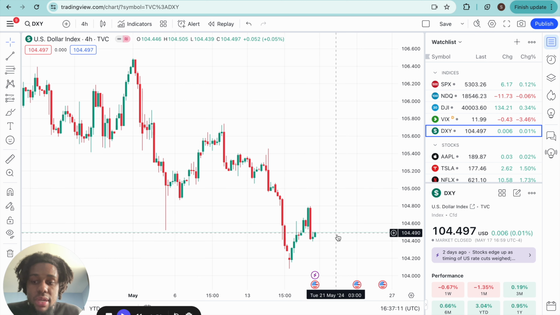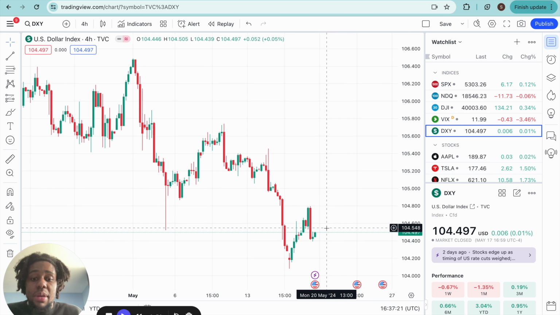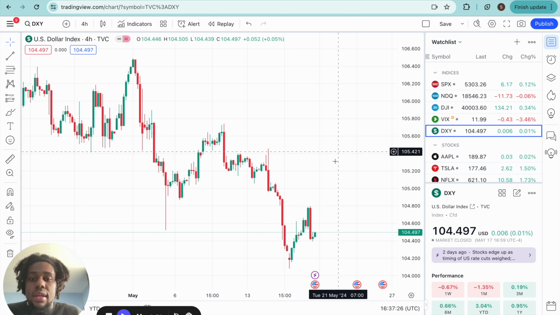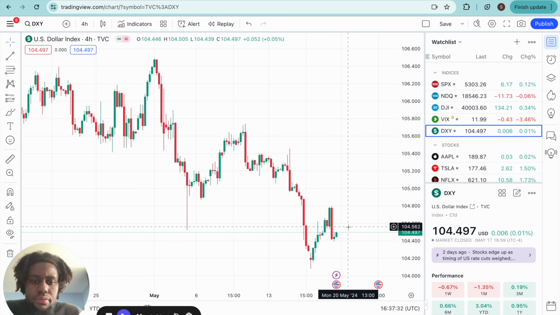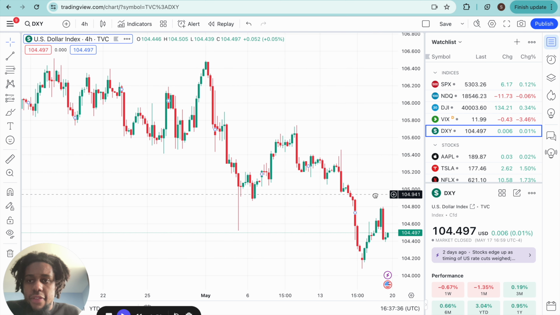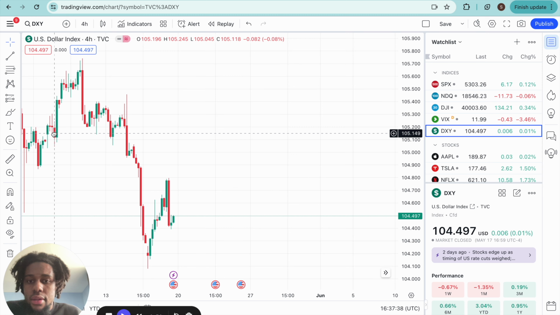Some consolidation Monday through Tuesday, maybe Wednesday, and I'll tell you why when we go over and view the economic calendar. And then I'm expecting possibly a New York reversal and a large bullish range on Thursday, and that continued bullish momentum on Friday. So that's what I'm expecting for this upcoming week.